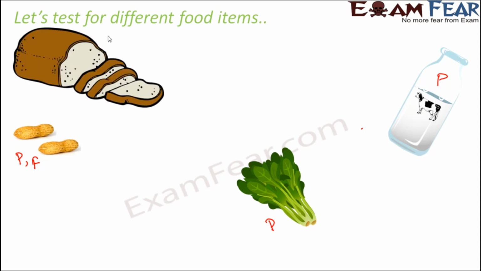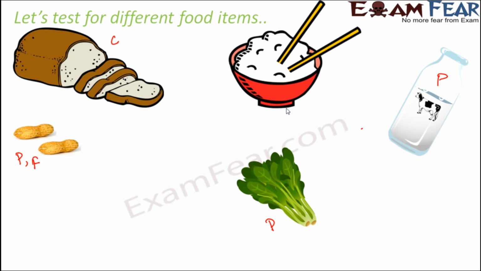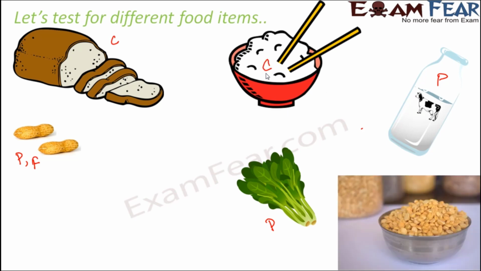You think of bread. So bread, they contain a lot of carbohydrates, so they give a positive test for carbohydrates. Think of rice. Again, rice also gives a positive test for carbohydrates. Pulses, they definitely give a very much positive test for proteins. Apple.